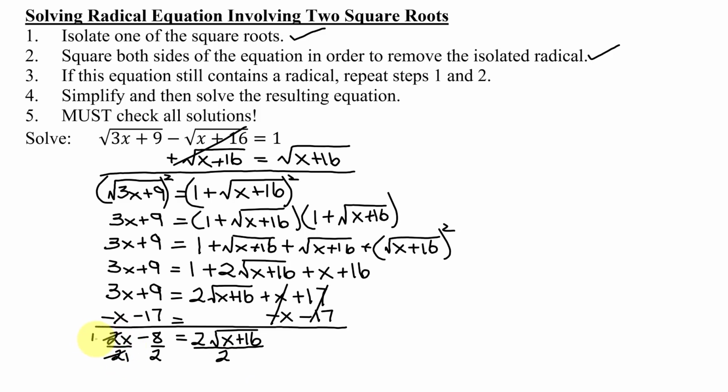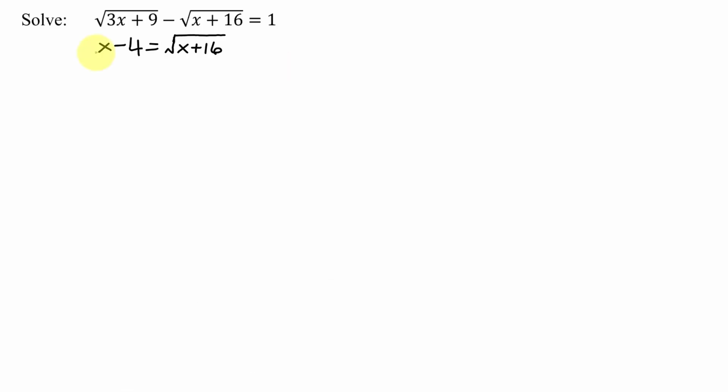So on the left-hand side, I get x minus 8 divided by 2 is 4 equals these two 2's reduce, and I just get left with the square root of x plus 16. So I have isolated my remaining radical. Now I need to square both sides again. I need to go on to the next page. Here is the last line from the previous page.